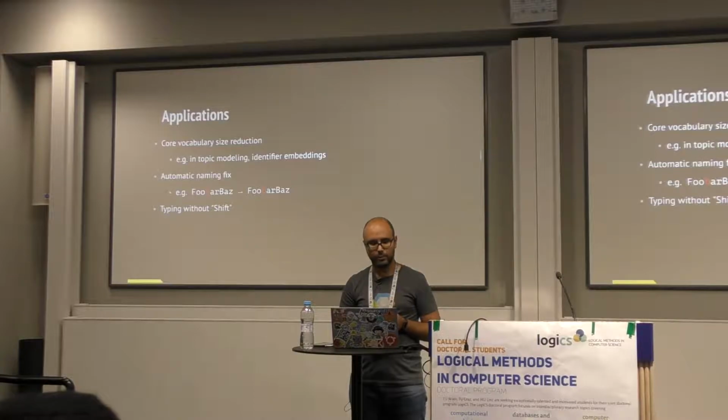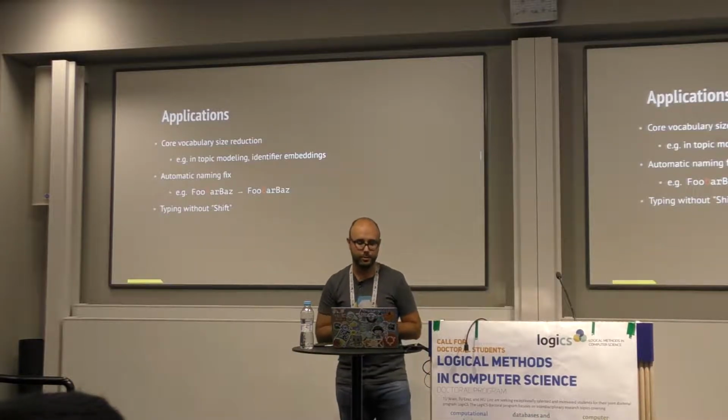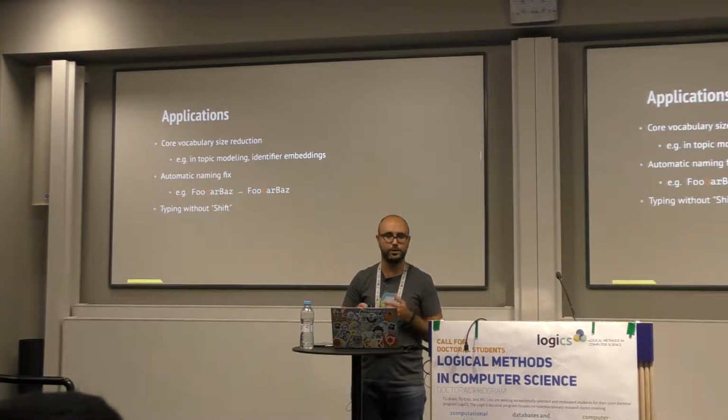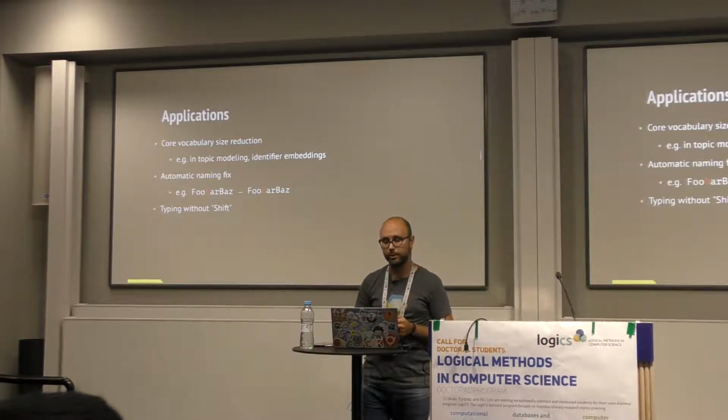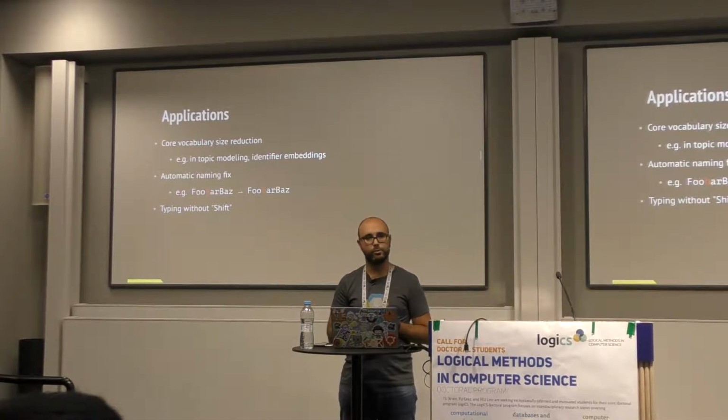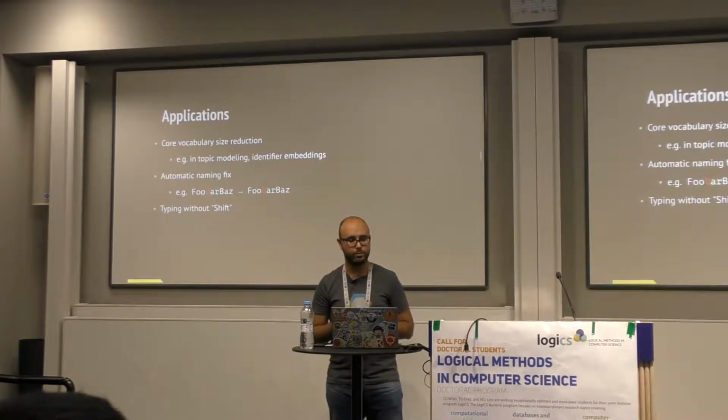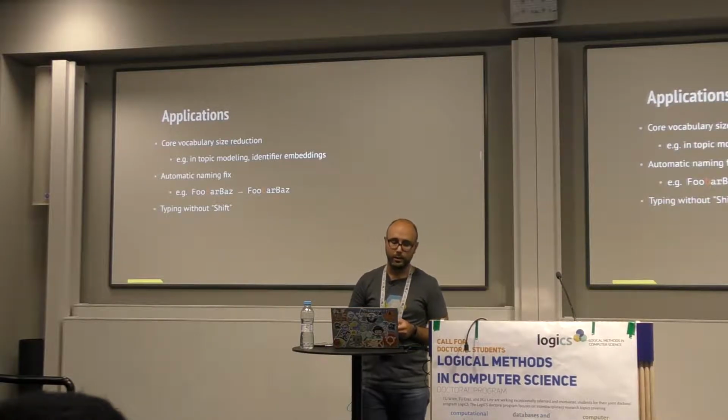And it has at least 3 applications. So first is the most practical one, which we use in our company. It reduces the code vocabulary size, which you reach after splitting. As I will show later, more than 60%. It's really considerable. You can use this model to automatically fix names while you type.